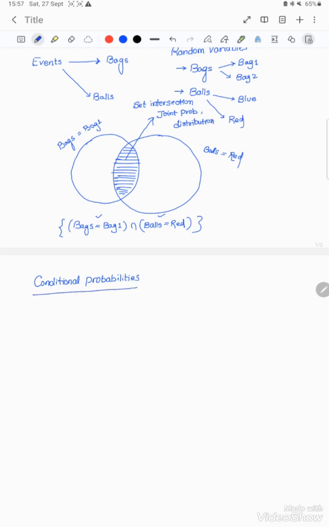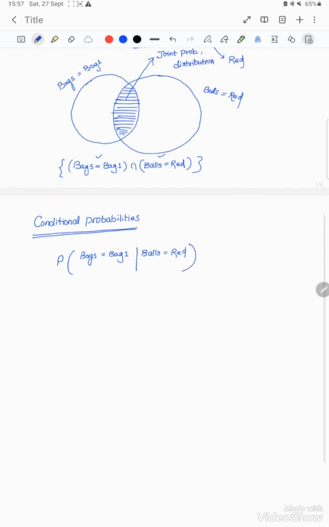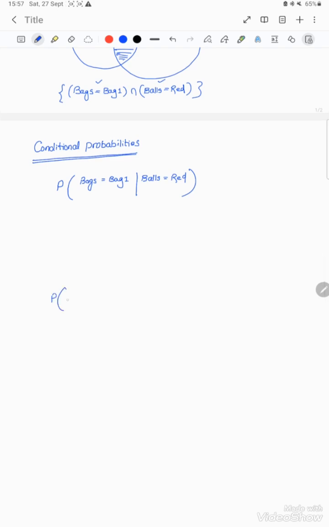Here we have two different events, so accordingly we can have two different conditional probabilities. First one is the probability that bags equal to bag 1 given balls equal to red. This is one kind of conditional probability, and the second one will be the probability of balls equal to red given bags equal to bag 1.